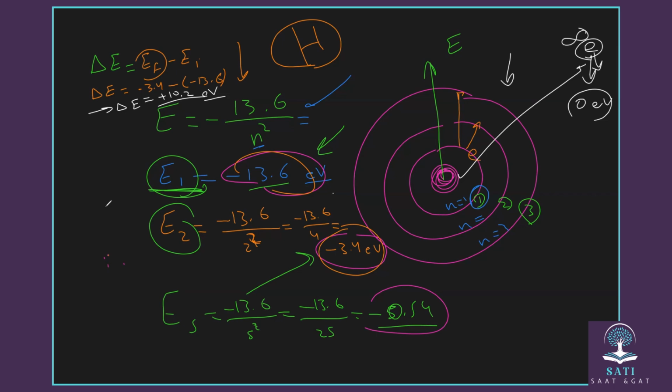Okay, what about the amount of energy this electron needs to move away from the atom? It needs 13.6. So that means most of the energy will be used just to move from the first level to the second level. What do we understand from that? It's an important note.